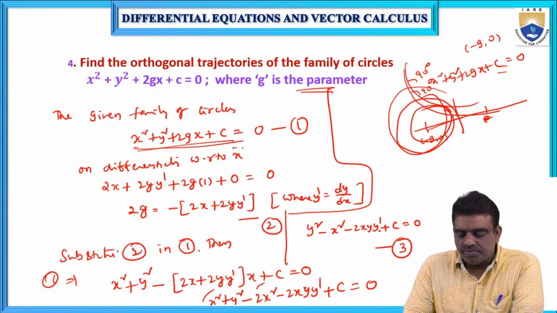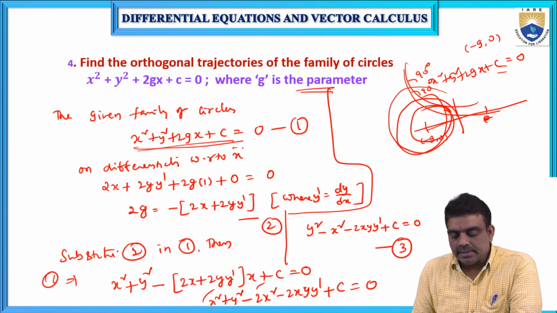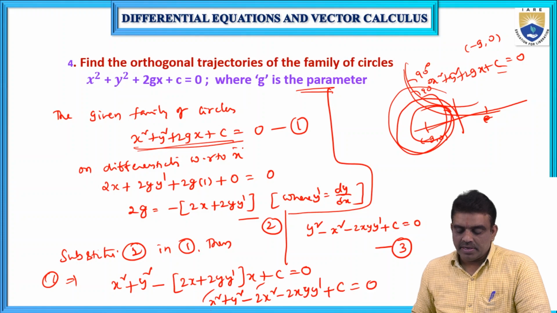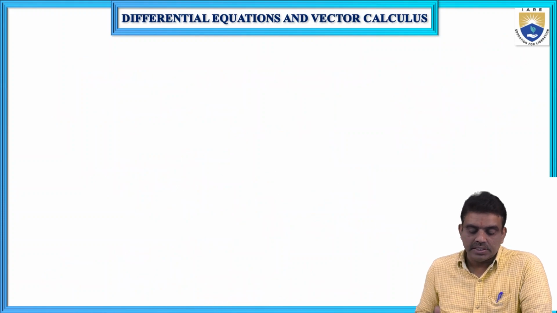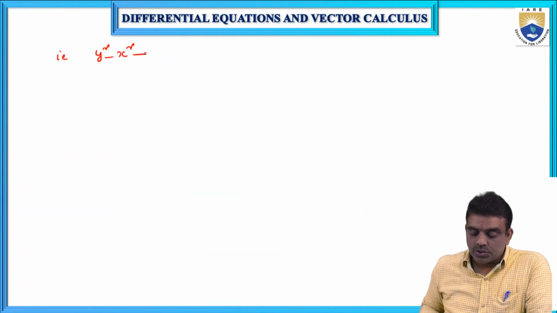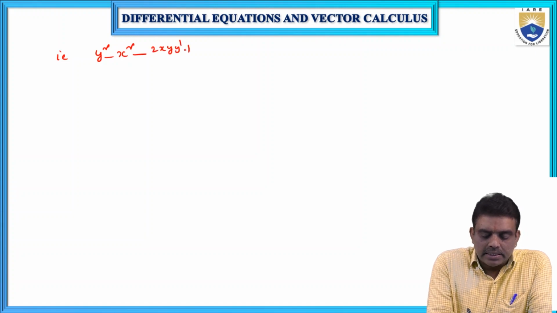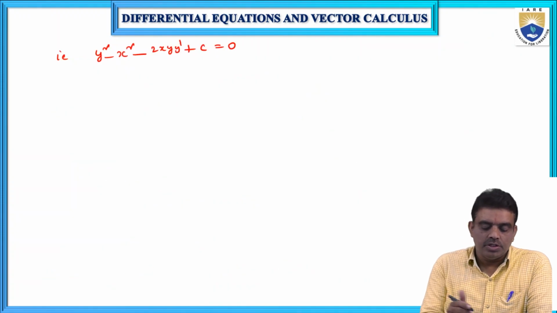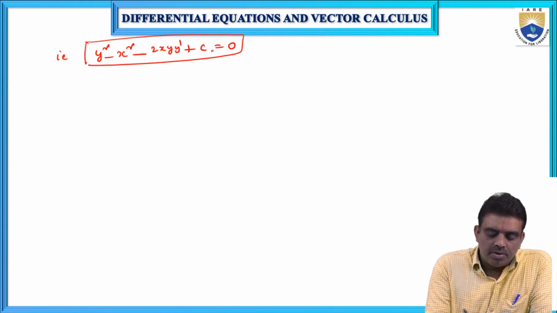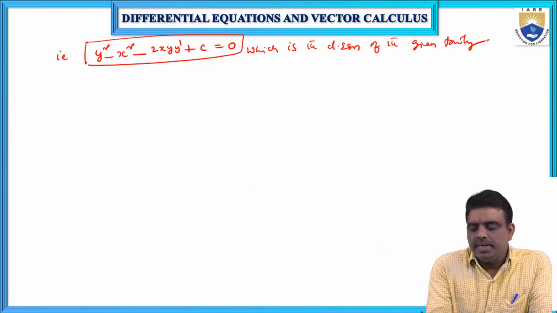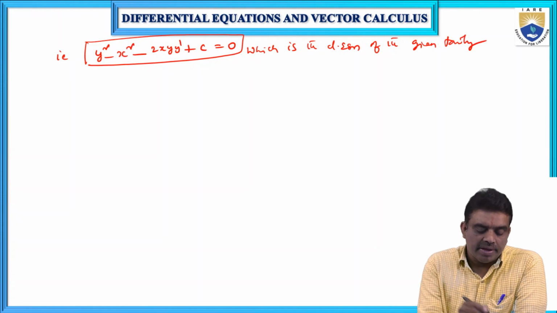Now we have the eliminant of g, that is y square minus x square minus 2xy y dash plus c is equal to 0, which is the differential equation of the given family.